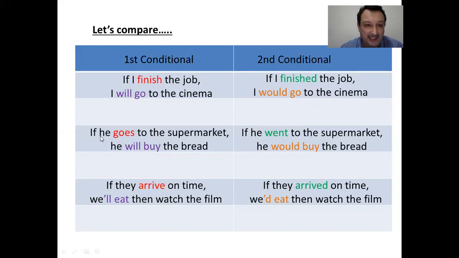Notice when we use he or she in the first conditional, we need to use the present simple with S. One thing to point out, we never put if and will and if and would in the same part of the sentence. It's possible, it can happen, but it's unusual. So try to remember, if and the verb is in one part, will is in the second part. In the second conditional, if and the past simple is in one part, would is in the second part of the sentence.